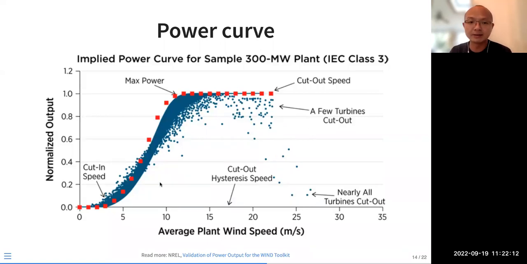It is very important to understand cut-in speed, cut-out speed, maximum power, and the shape of the power curve. You would need the power curve of different types of turbines to simulate the actual power output of this type of turbine.